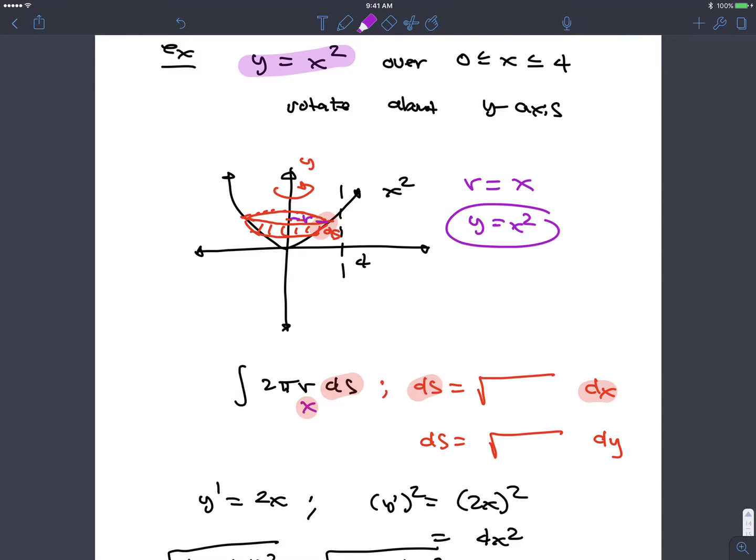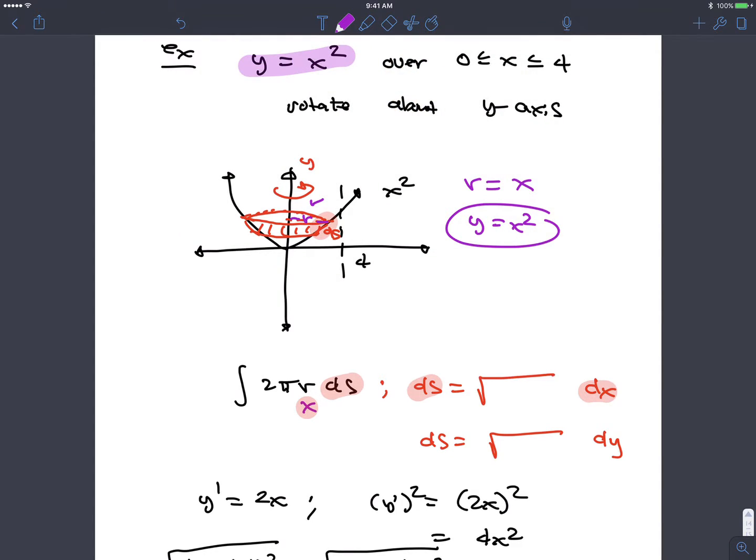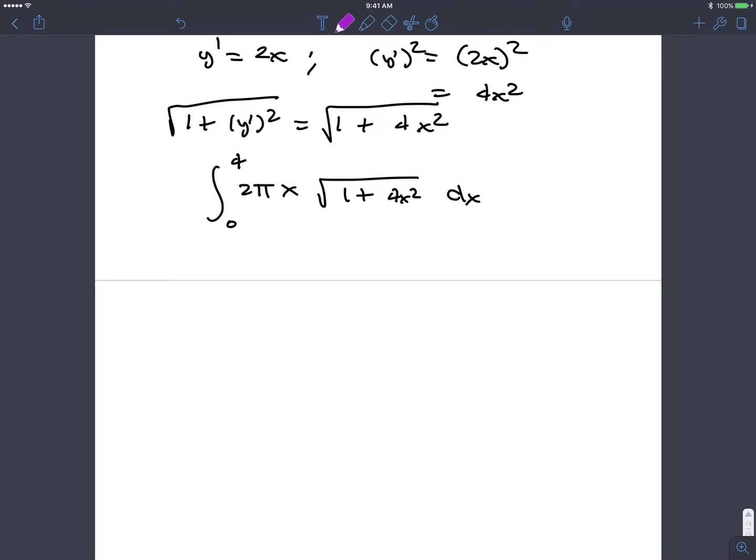Okay, probably what people get thrown for at first here is this r value. This is now a horizontal. It's not vertical. So if that's horizontal, your radius is going to be x. If it's vertical, your radius is y. So you get this integral. That's good because you can now use u sub.